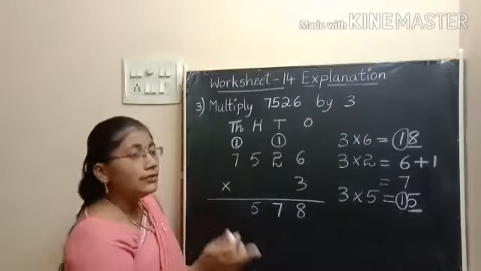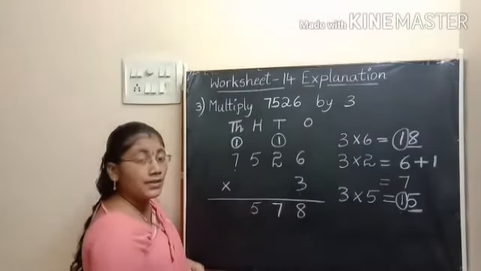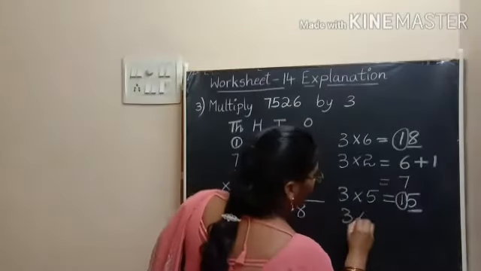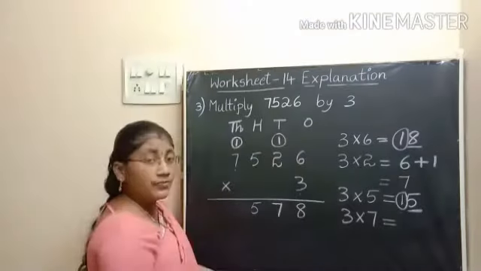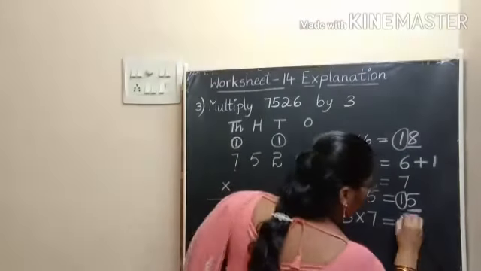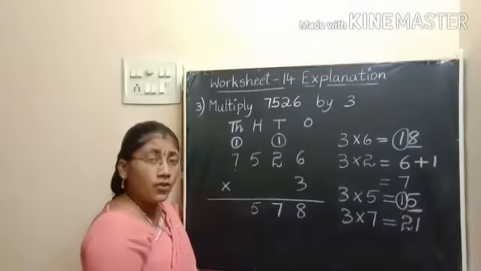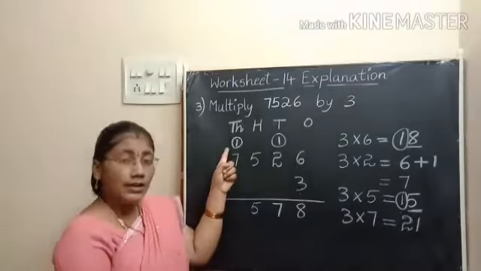Then finally we should multiply 7 and 3. So take 3 into 7. 3 sevens, how much is it? 3 sevens are 21. But here we have a carry.